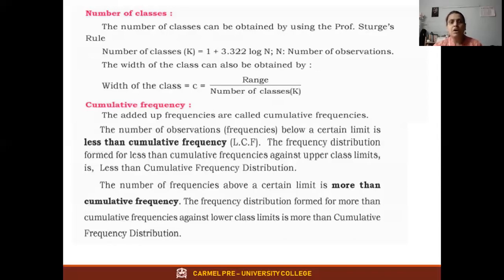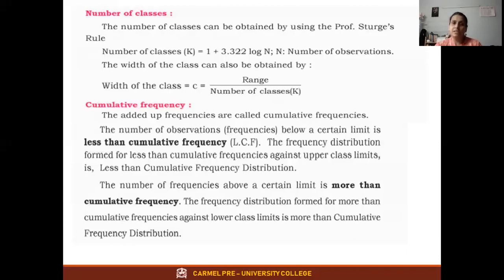And you should also know how to convert inclusive interval to exclusive class interval. Once you find the correction factor, you have to subtract from the lower class limit and add to the upper class limit. This is what we did in the last class, but all this is necessary for you to know before we go on with the next topics.